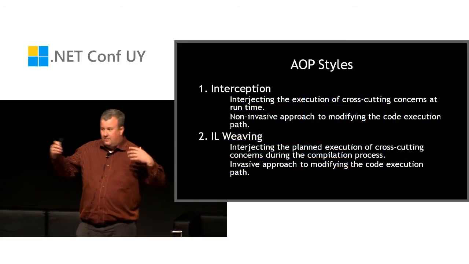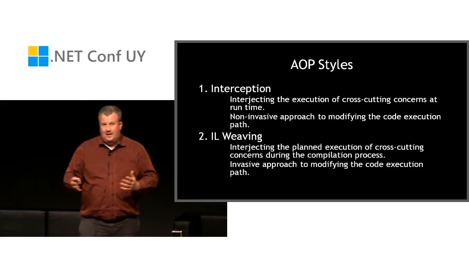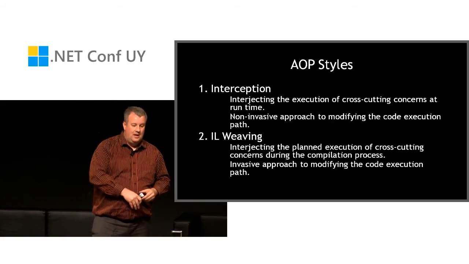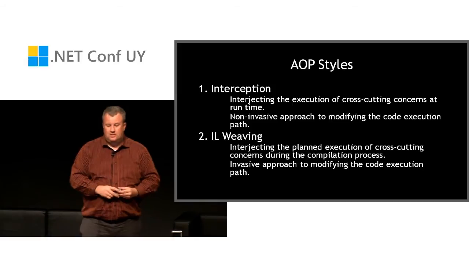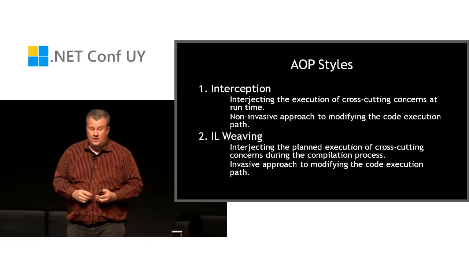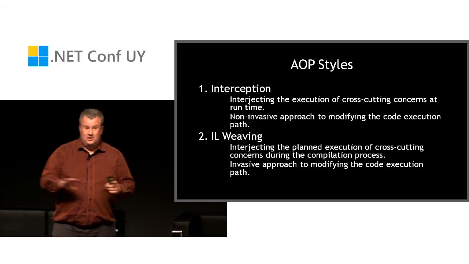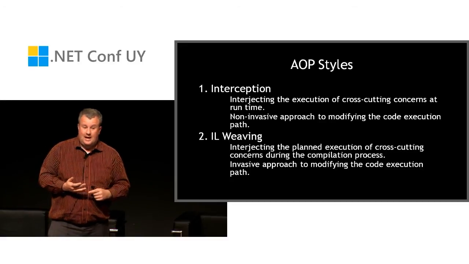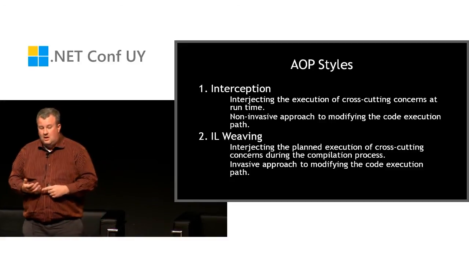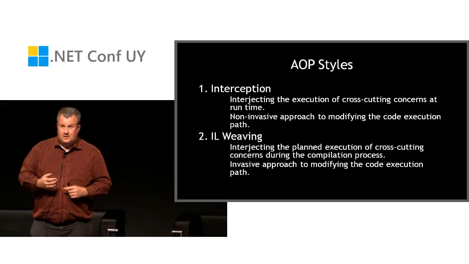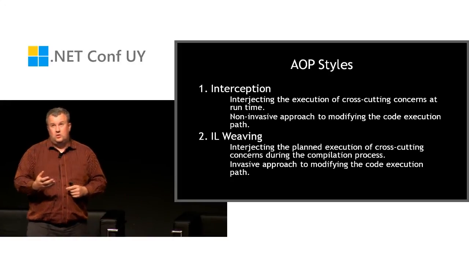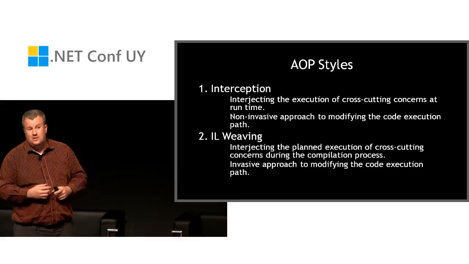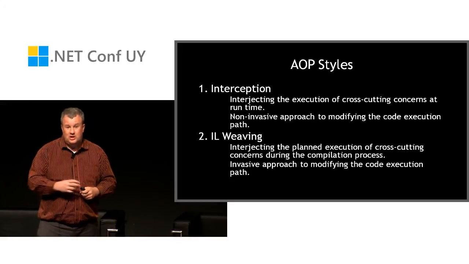So when we get all of this stuff decided and looked at, and we're ready to implement AOP, we have two choices for how we're going to do AOP. And really, these are the only two choices for styles. There's interception, and there's IL weaving. Interception is much more related to inversion of control containers, IOC containers, and dependency injection.